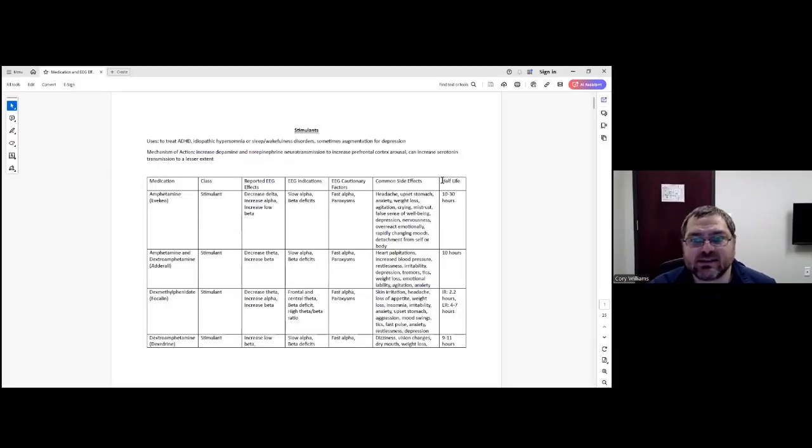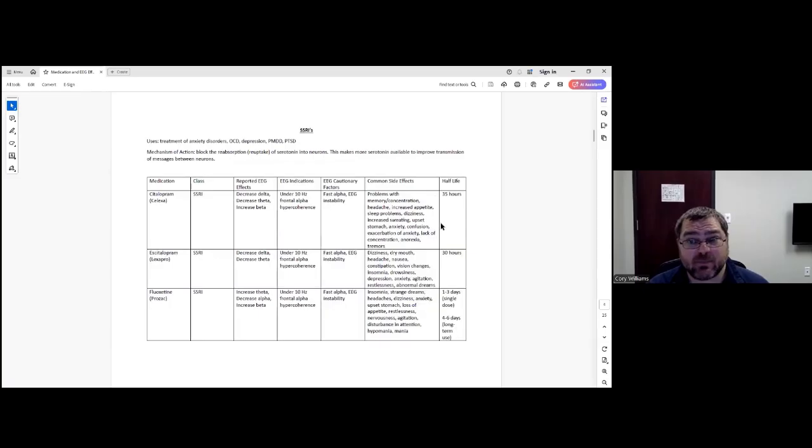What a good question. Yeah, so in the guide, and let me see if I can share this one more time. Here you go. So we have listed the reported half-life of each of these meds. And the reason that we put this here is because we want to know how much of this medication is in your system.